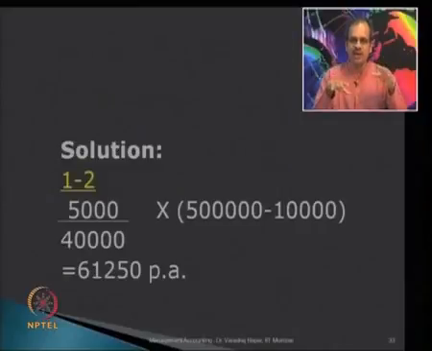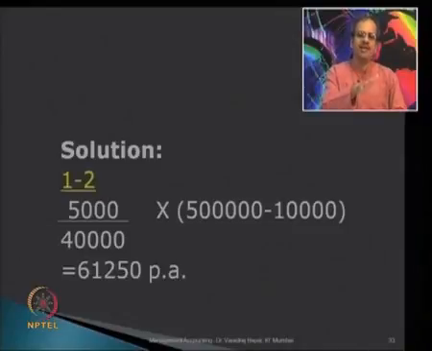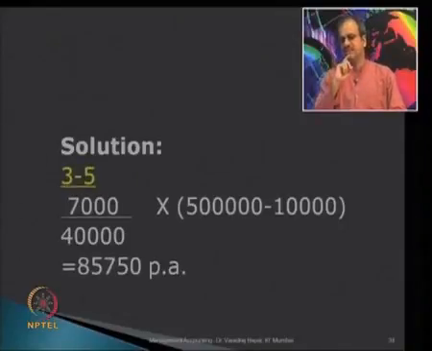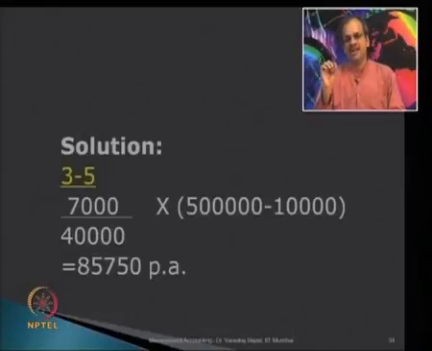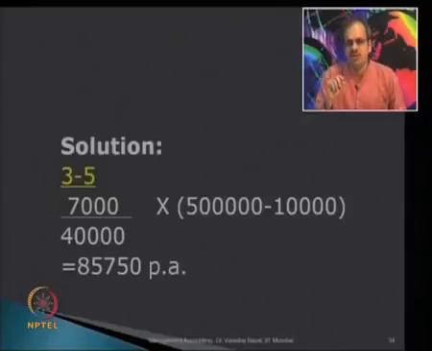So, essentially what we are doing is 5 lakh minus 10,000, that is 490, the depreciable amount, divided by 40,000 gives me the rate. I am multiplying it by 5,000 in years 1 and 2. Same way in years 3 and 4, I am going to multiply the rate by 7,000 because the machine is going to be used more in this period. So, the yearly amount becomes 85,750.